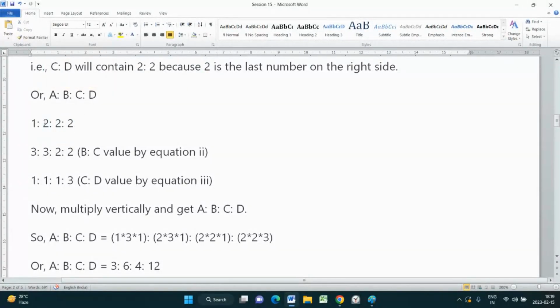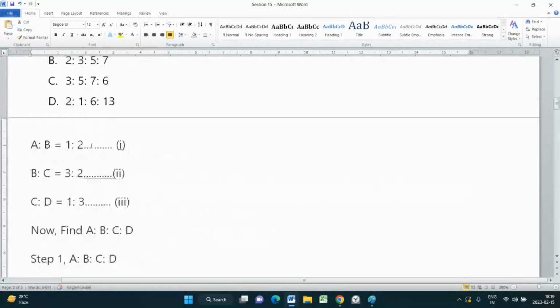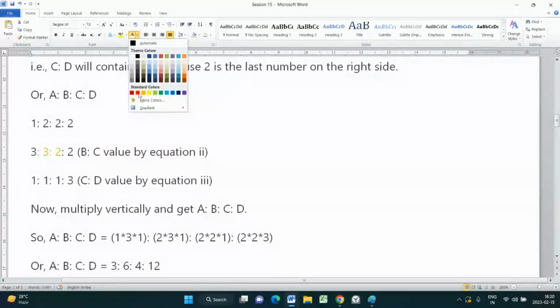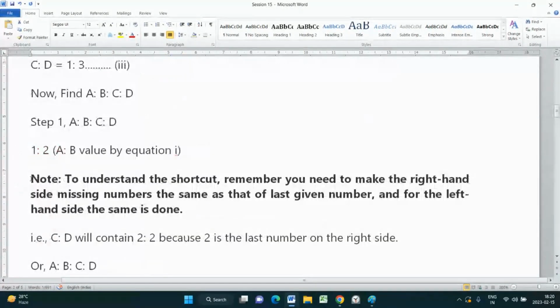Then in the same statement, we put B is to C from the second statement. I will change the color of this for your better understanding, and copied this to the left hand side. This is the assumption you are making.